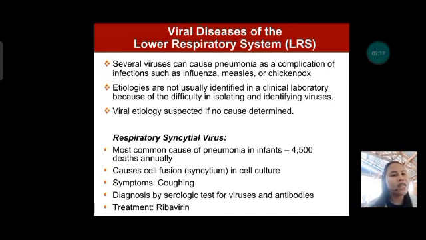It causes cell fusion in cell culture. The symptom is coughing, and it is diagnosed by serological tests for viruses and antibodies. The treatment is ribavirin.